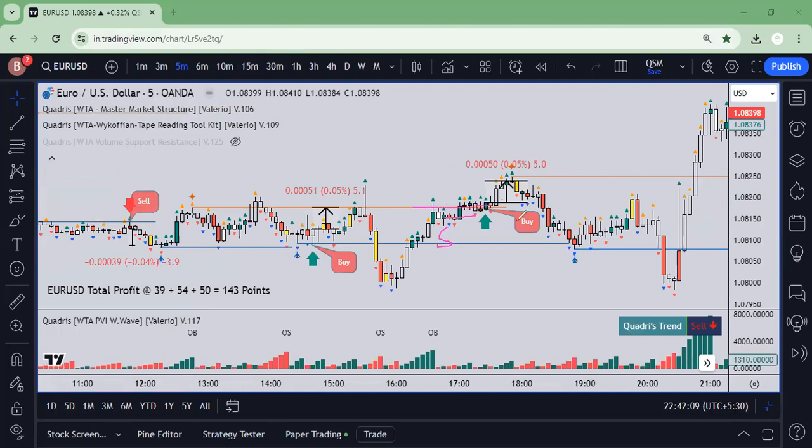Again, this resistance is being minorly broken, then came back, and this particular candle is engulfing whatever supply was present at that point. This is a very wonderful and clear example of absorption.